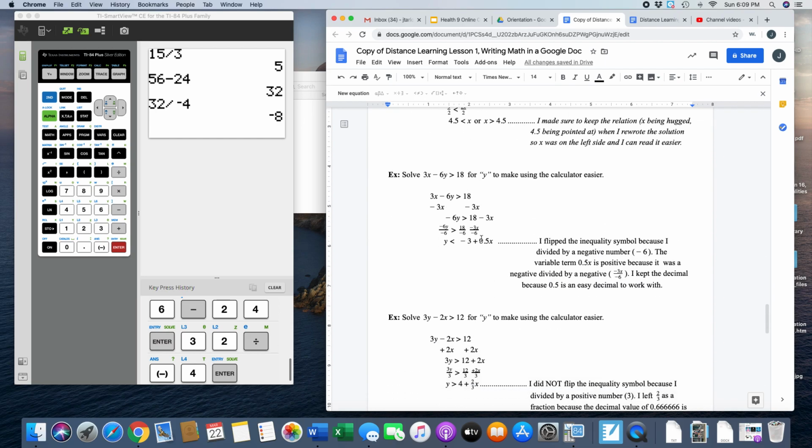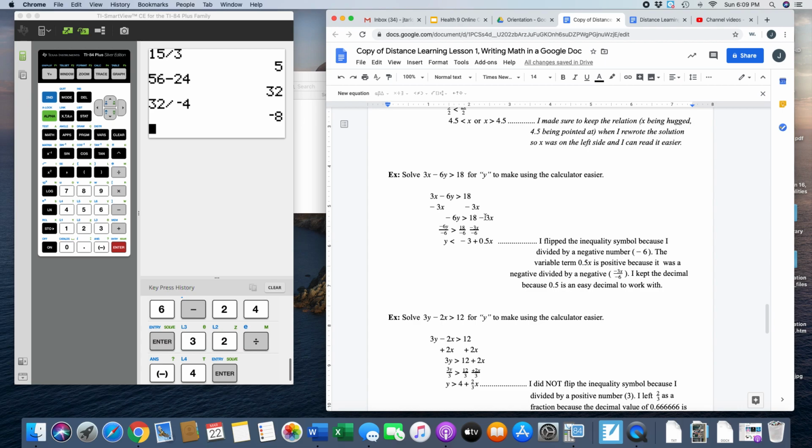And down here, remember to flip the inequality if you divide by a negative. So here I was solving for y, which means my inequality was not going to end up as an integer or a number. It was going to end up with an expression using x. So I got rid of the x on the left, negative 3x on both sides.